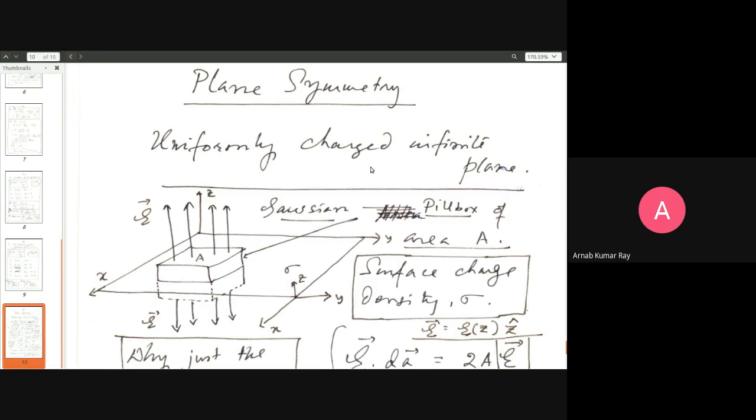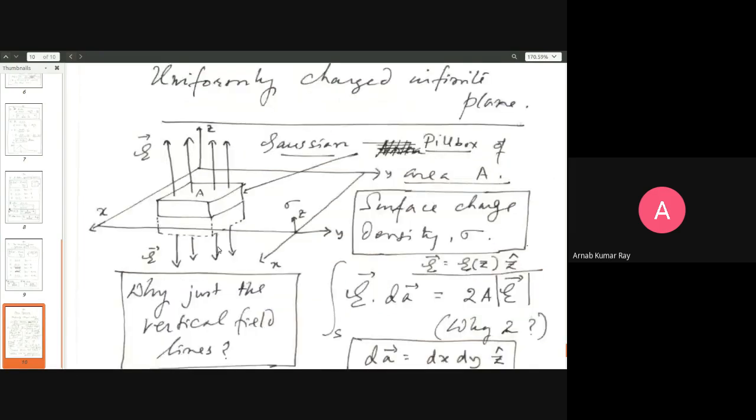You just have a plane sheet as in this diagram, the xy plane. So this is the x direction, this is the y direction, and this is the vertical z direction. You have got charges made to sit on this plane. These charges will throw field lines above the plane and below the plane.